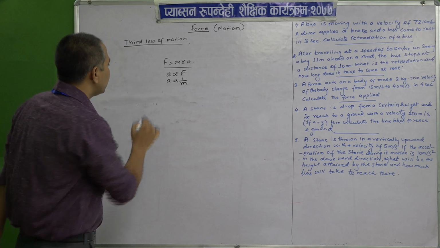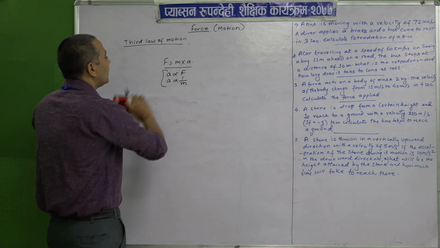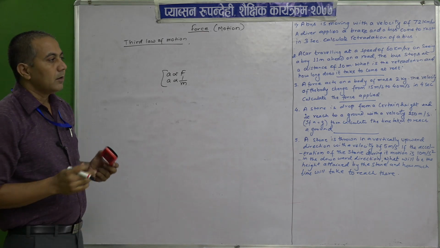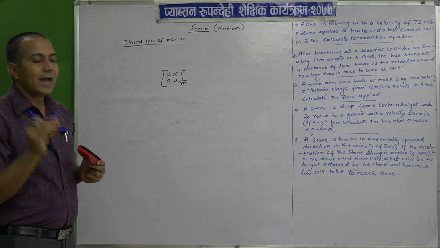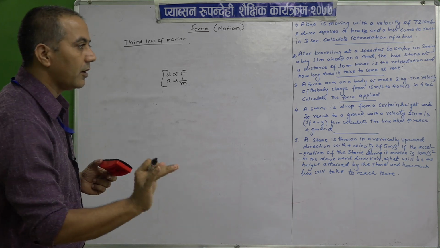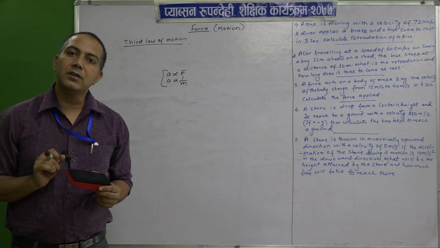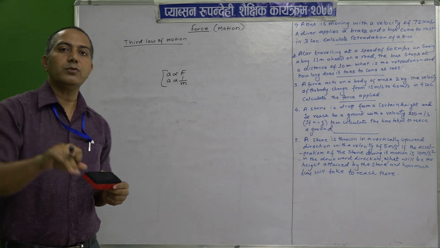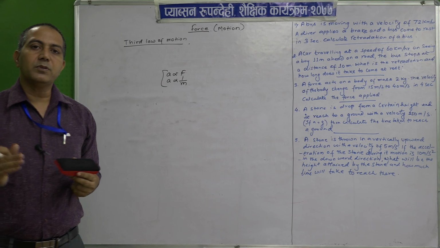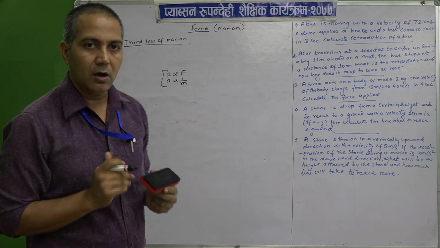Newton's second law of motion states that the force applied on the object is directly proportional to the acceleration produced on the object and inversely proportional to the mass of the object.